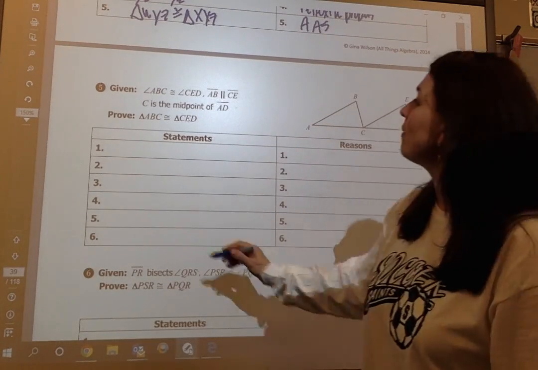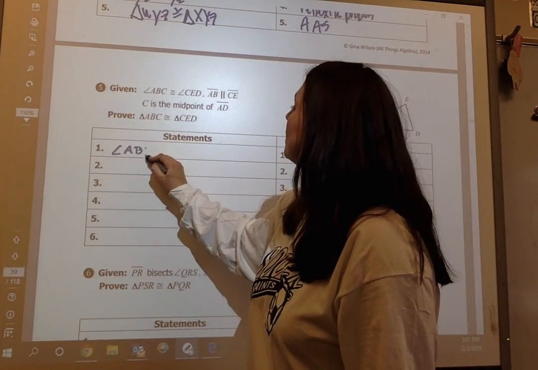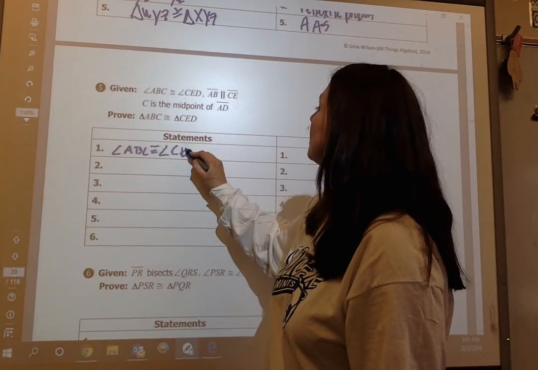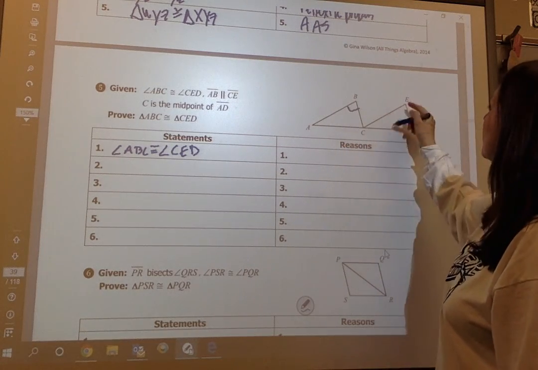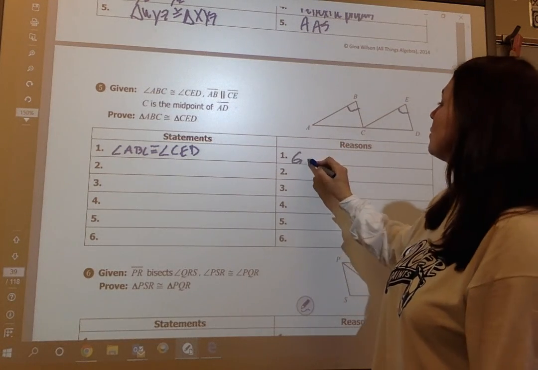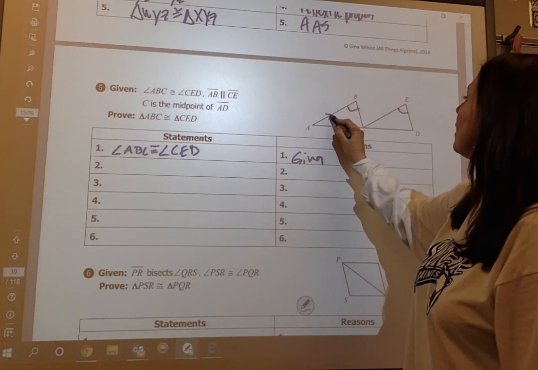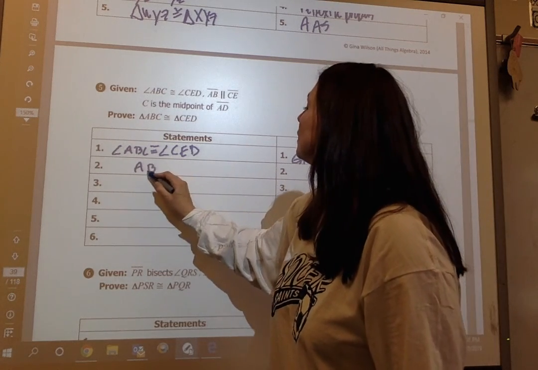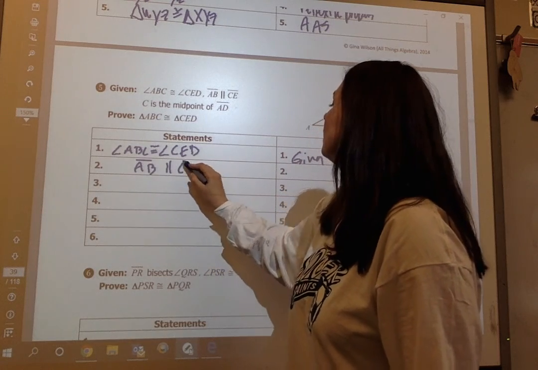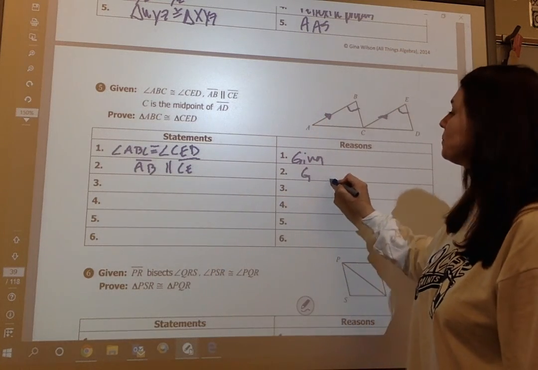All right, here we have that angle ABC is congruent to angle CED. That's given to me. I know that AB is parallel to CE, and that's given to me.